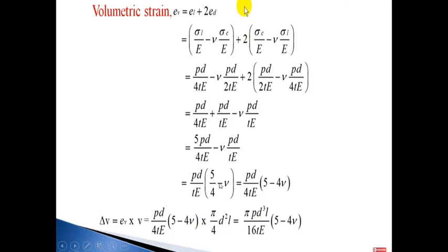Then once again take PD divided by TE outside: 5 divided by 4 minus V, equal to PD divided by 4TE into the bracket 5 minus 4V. So the volumetric strain is PD divided by 4TE into (5 minus 4V).